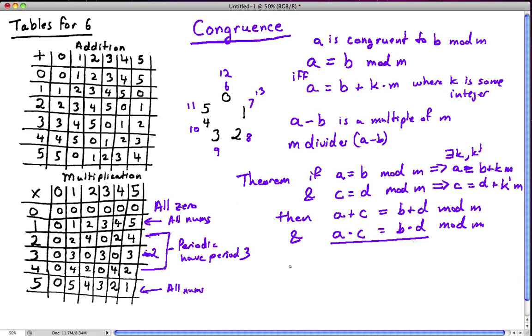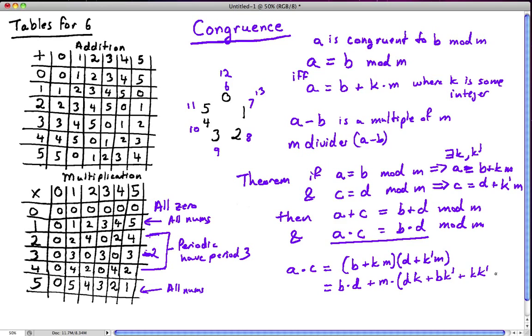So now we just write out what we want. A times C equals B plus KM times D plus K prime M, which is B times D plus M times, let's look at those terms that have M's in them: DK plus BK prime plus KK prime M. I just did the multiplication out.